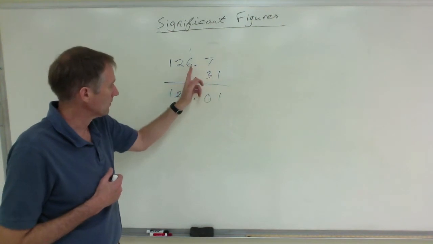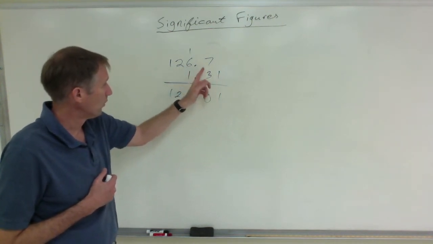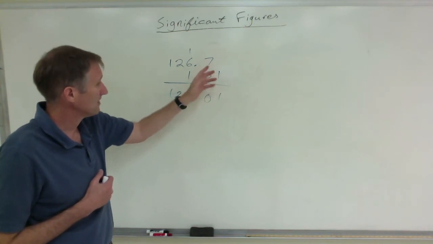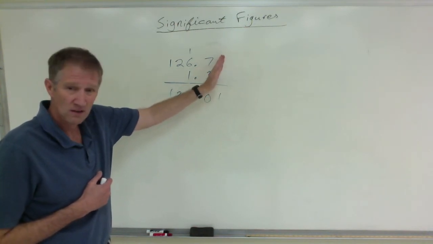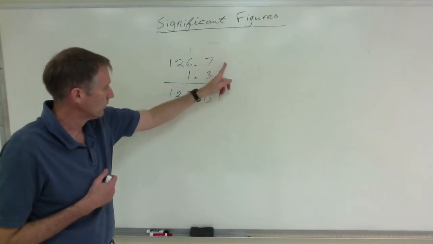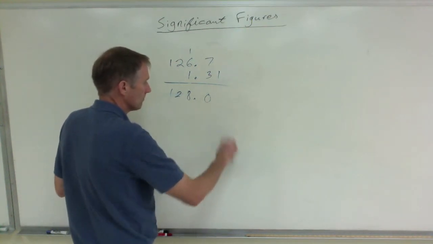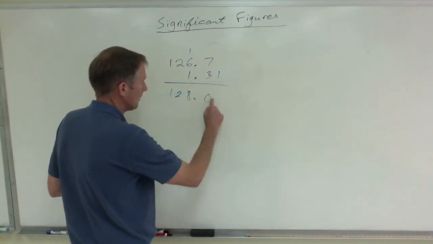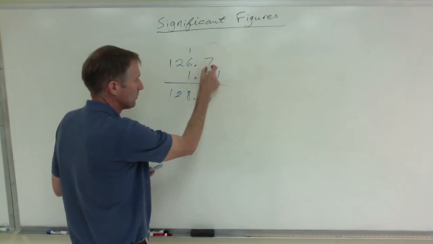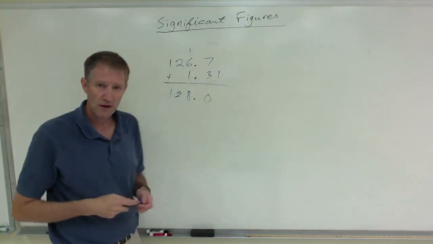I don't know if this is 126.72 or 126.69 because it didn't measure out to that extra place. It only measured to the nearest tenth, and so this is a rounded number. Therefore, it can only be as precise as the least precise input data. That's the rule for addition or subtraction.